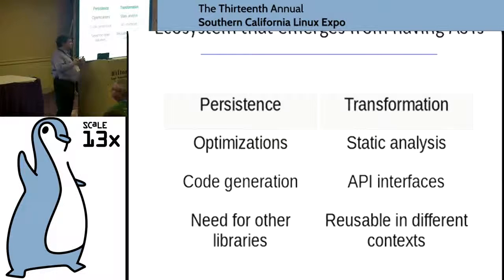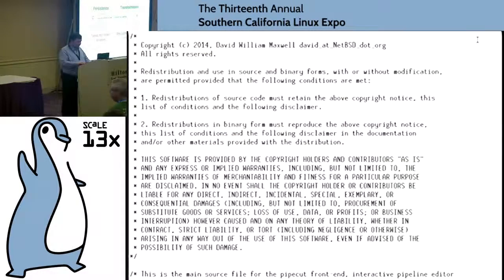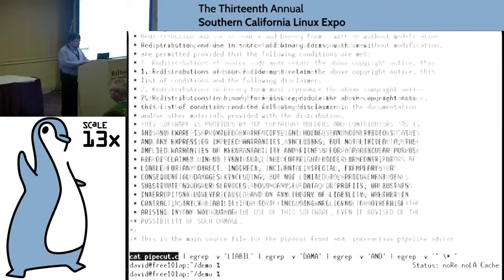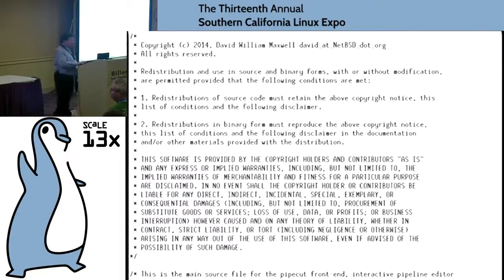So there's this whole ecosystem of features that emerges when you have this abstract syntax tree representation of the command line. Persistence is one of them, and you saw it, although you probably didn't realize what I was doing because I didn't say as I went on. So when I ran Pipecut in my example, and I have just cat pipecut.c down in the bottom right-hand corner, I'm just going to hit the open square bracket, which is my load command.